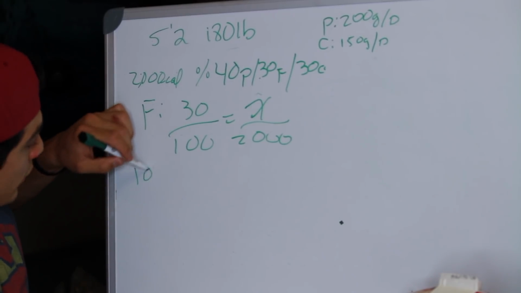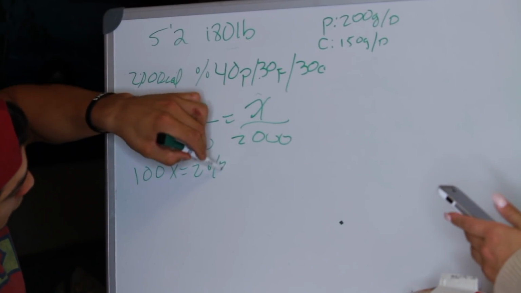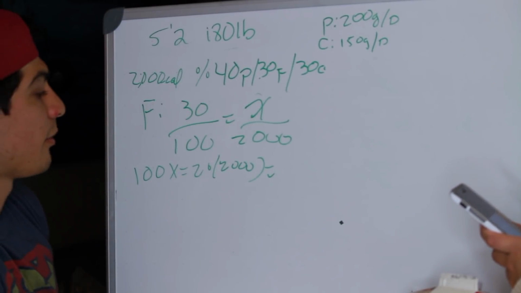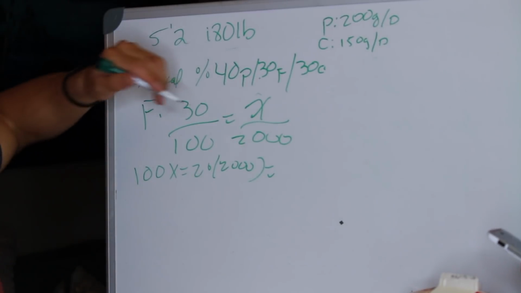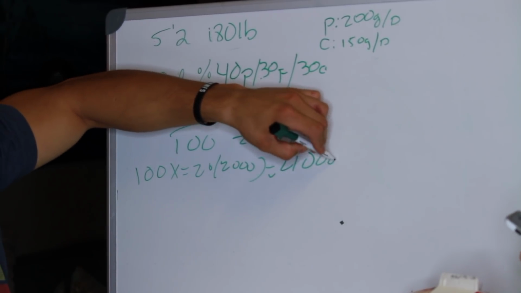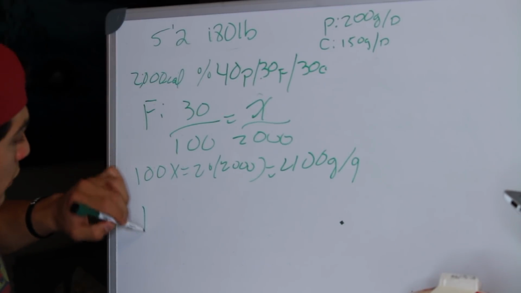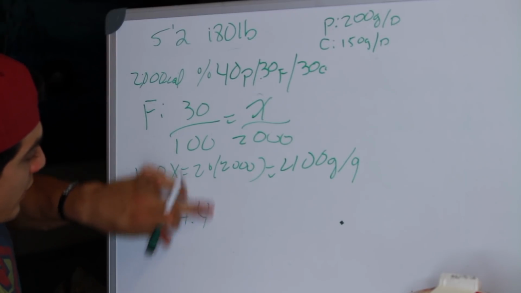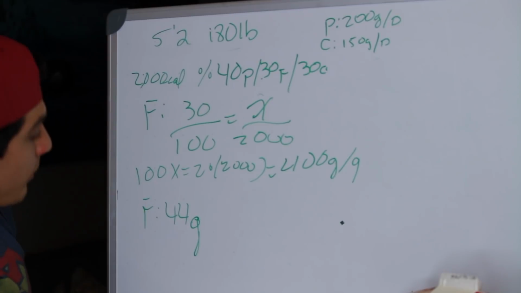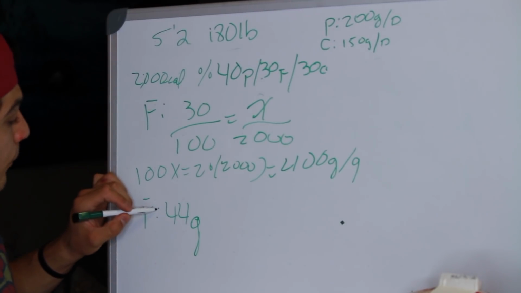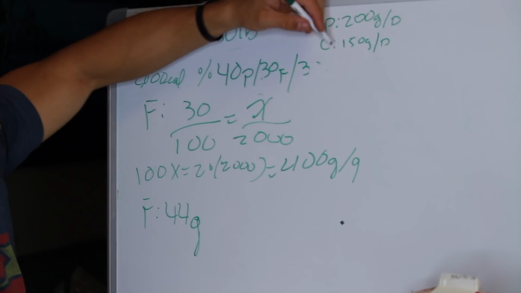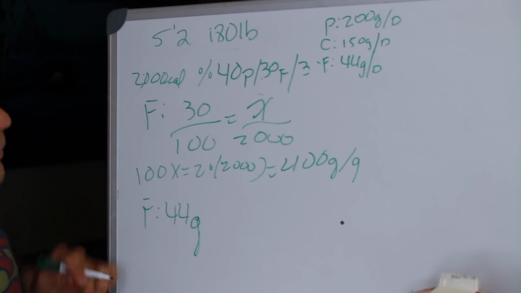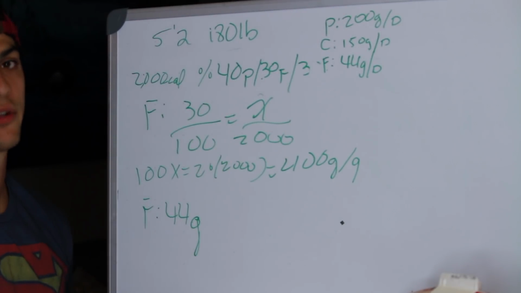Okay, do the math again. 100x is equal to 30 times 2,000, so 30 times 2,000 divided by 100 is 600. Actually, fats are 20%, so 20 times 2,000 divided by 100 is 400. 400 divided by 9 is 44.4. Let's round that down to 44 grams of fat. So now from your percentages, we've got 44 grams per day of fat. So this is all equal to 2,000 calories.